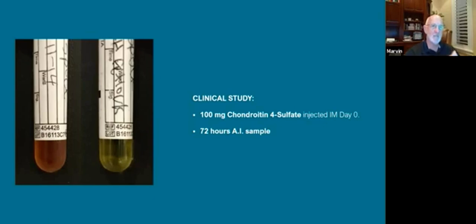It just runs away from your fingers. After 72 hours, look at the clarity of the joint fluid, natural color, and if you took it between your fingers, you would feel a stickiness, as if you now know that the buffering capacity is back in the joint. But just don't believe that. Let's look at a biomarker. Next slide, please.